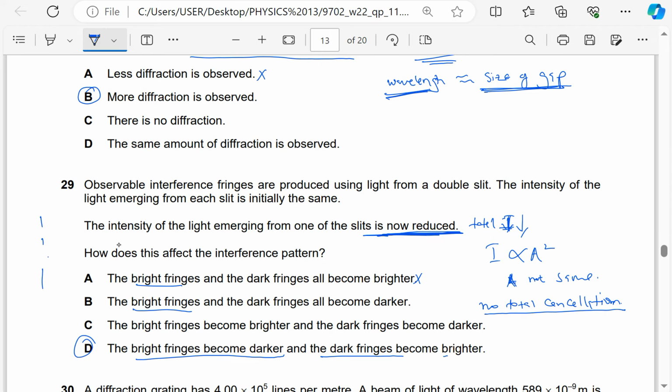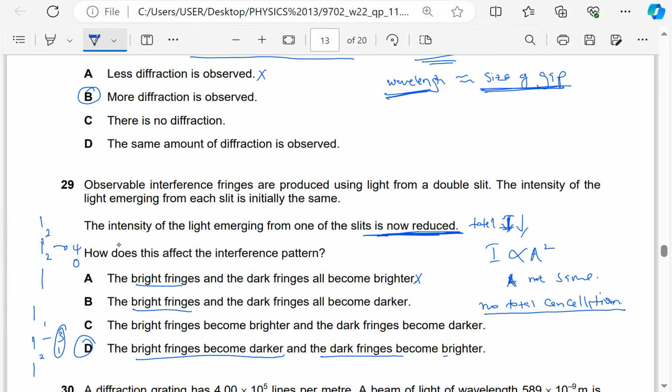Initially the amplitude is 2, 2. Now you have 1, 2. So here total amplitude is 4, here total amplitude is 3. But for cancellation, total amplitude here will be 0 because it will be 2 minus 2. Here for cancellation, total amplitude will be 1. So here we don't have total cancellation.